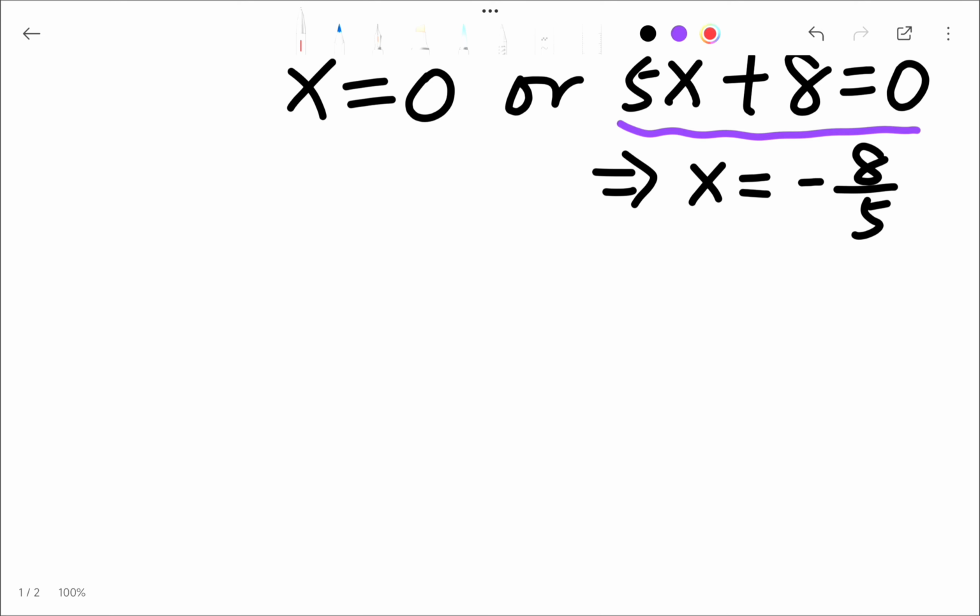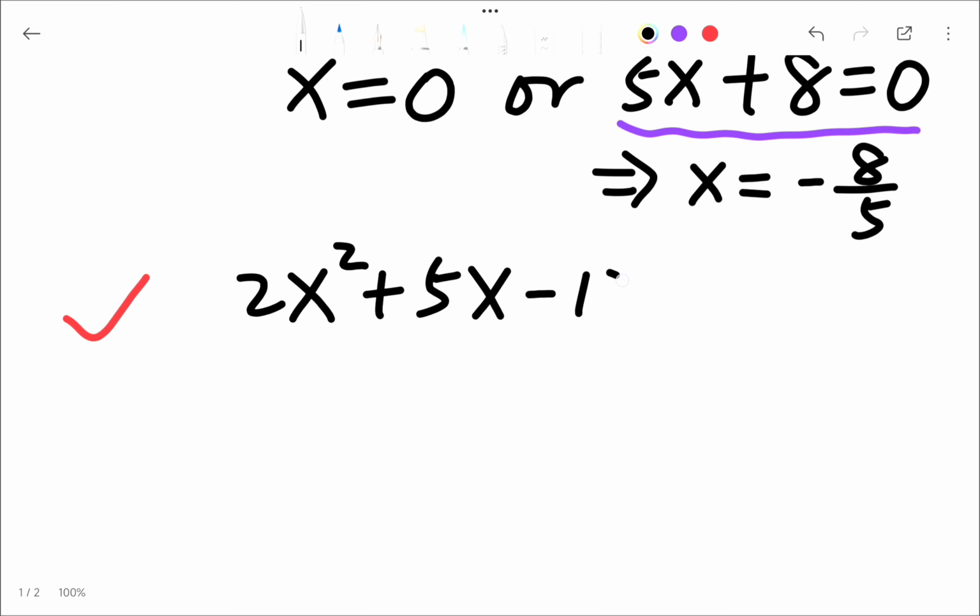So if the quadratic equation can be factorized, I use a tick to symbolize that. And again, let's take a look at an example. Please feel free to pause the video and give it a go.